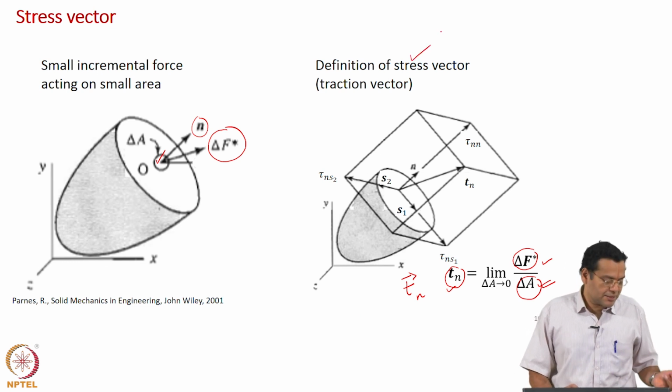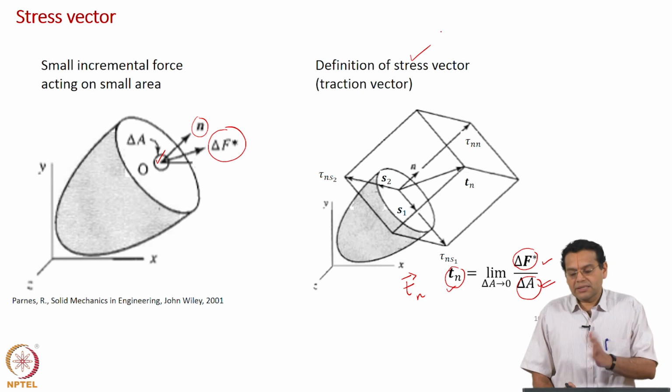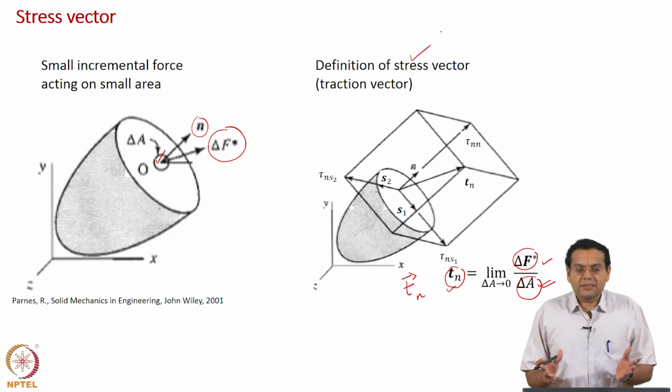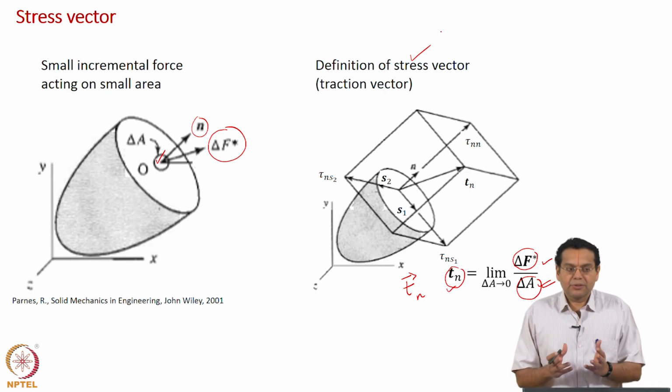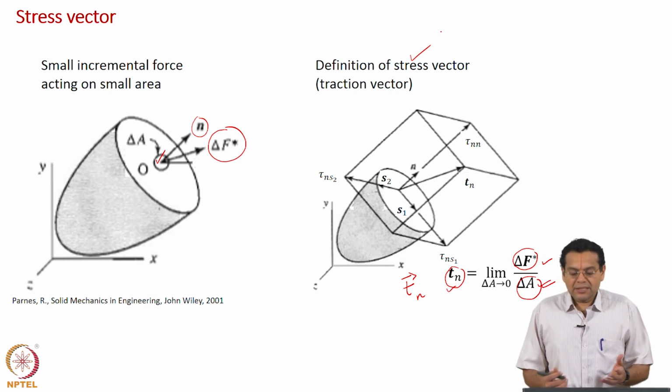Later we are going to discuss the stress tensor, so if you just say stress, that does not give complete information. You should clearly mention whether it is a stress vector or a stress tensor. But if you mention traction, it is automatically indicated that it is a vector.